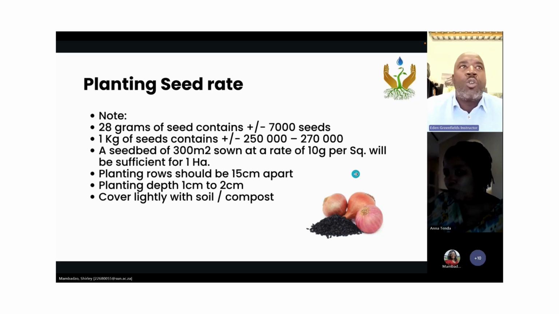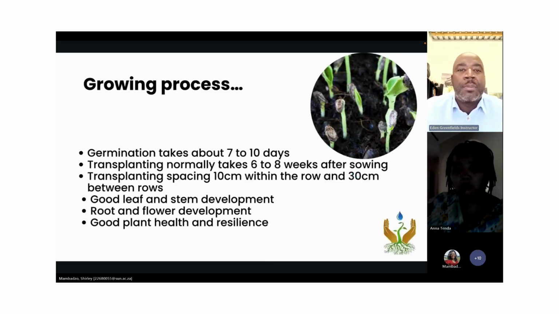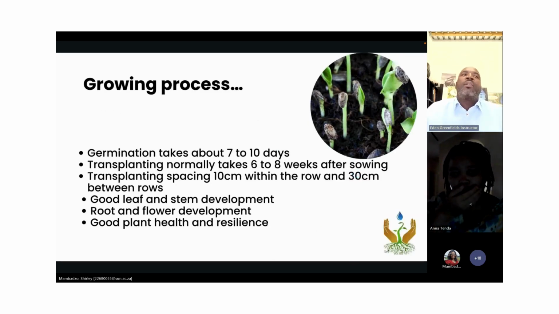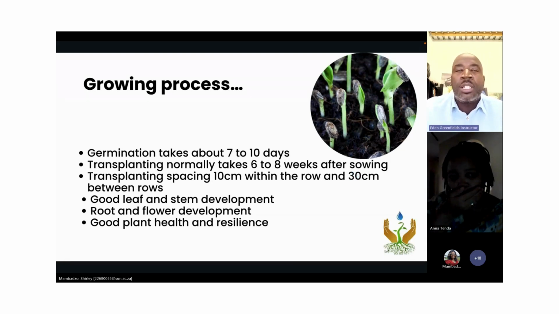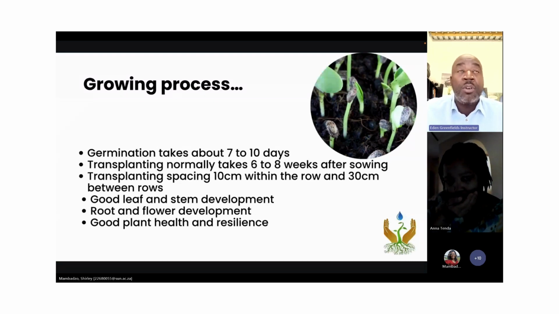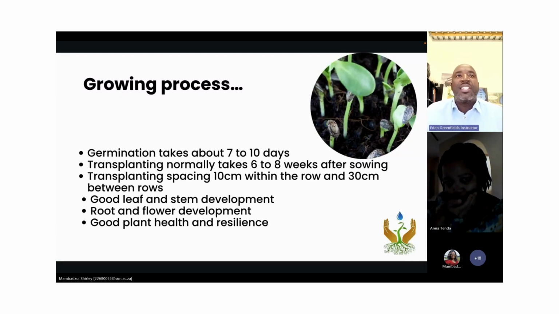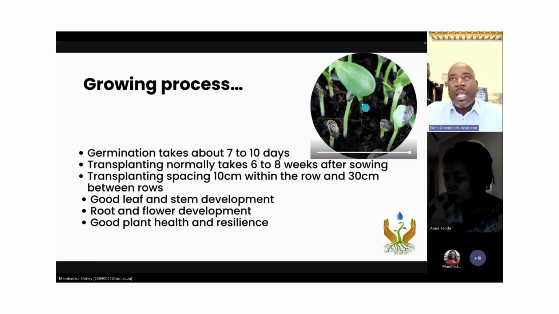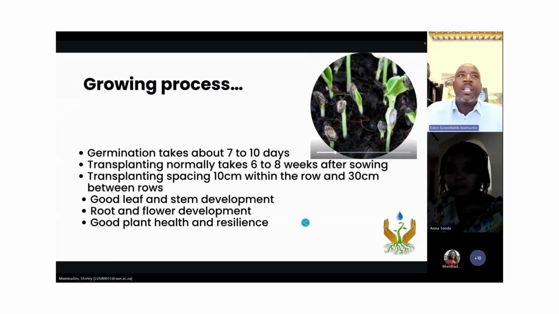Then we have the growing process. Germination takes about 7 to 10 days after sowing your seeds on your seed beds. Then transplanting normally takes place 6 to 8 weeks after sowing.